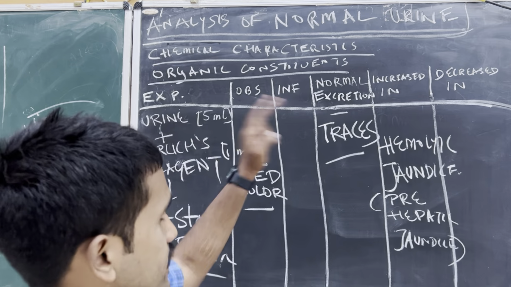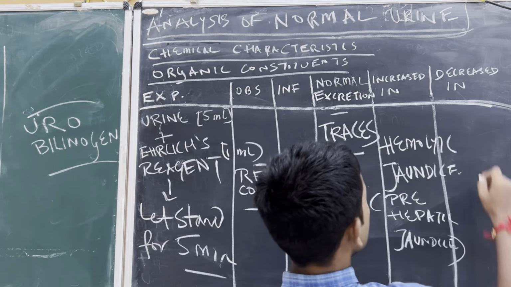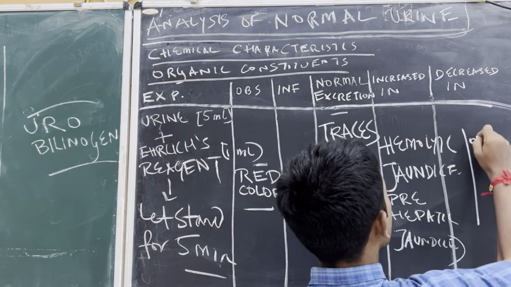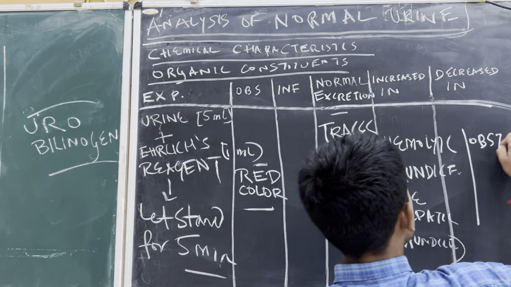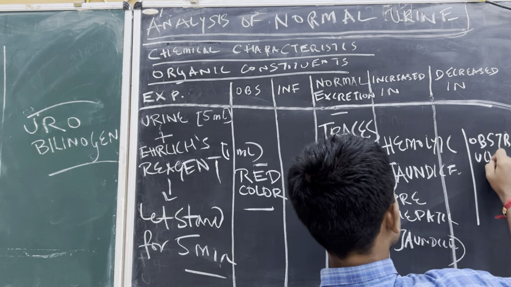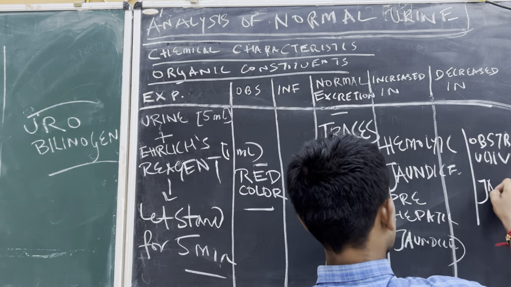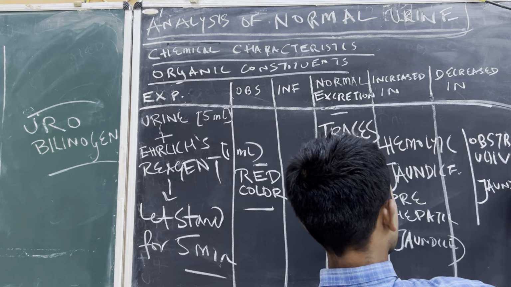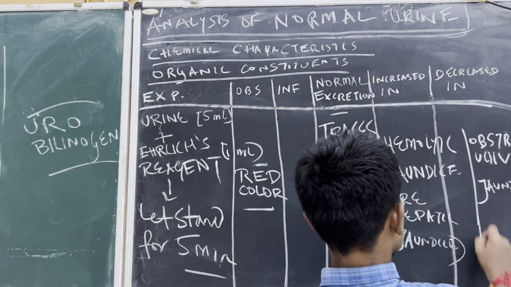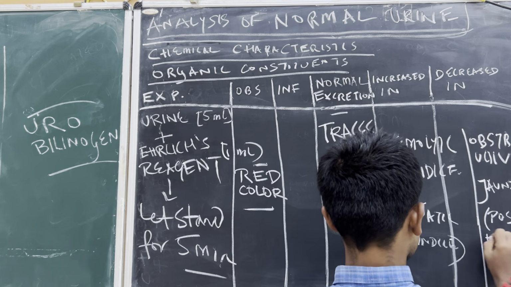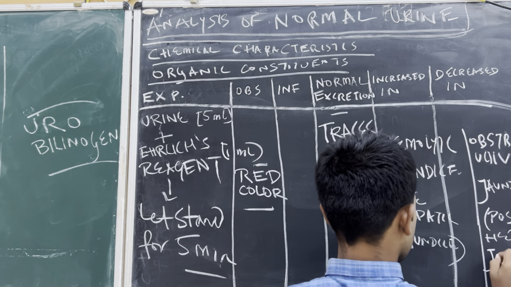And where is it decreased, the excretion? Obstructive jaundice, also known as post-hepatic jaundice.